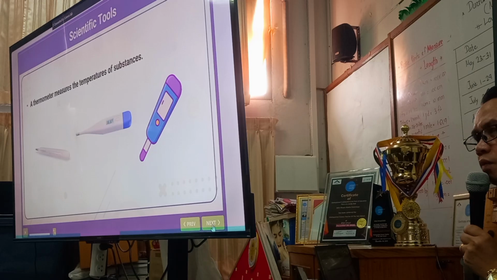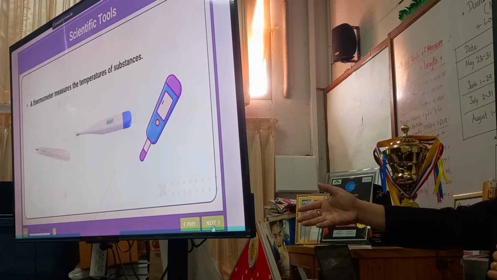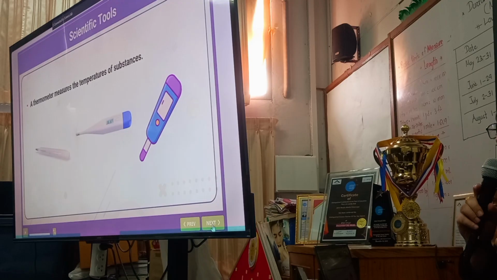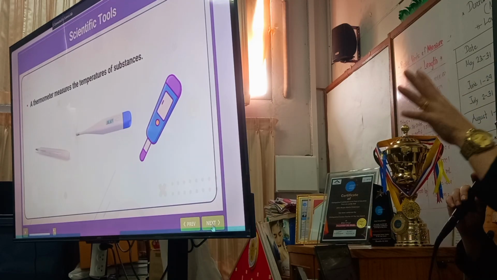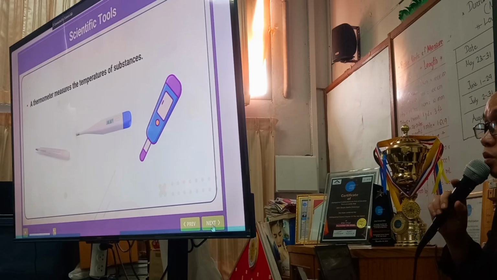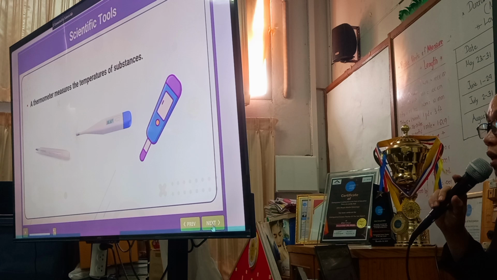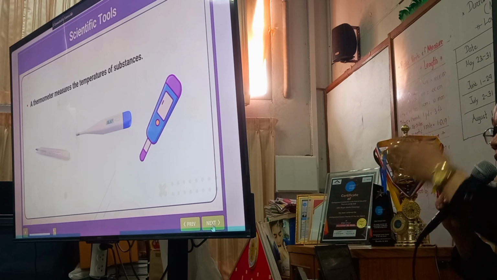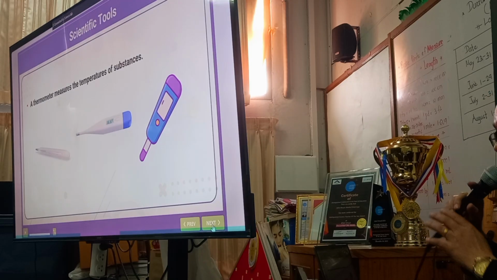Then there are different thermometers that we can use. A clinical thermometer, which we normally use at the hospital or at the clinic. Then the other one, a laboratory thermometer too, to check the temperature of our room, whether our room is cold, at average temperature, or at a very low or hot temperature.